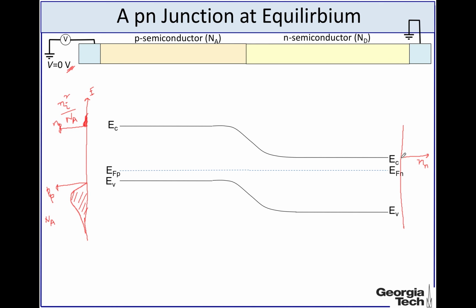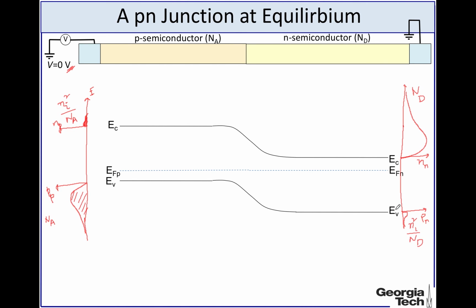Nn, the number of electrons in the N side per unit volume, will look like this, and Pn will look something like this, very small. The area under this curve is Nd, and the area under this curve is Ni squared over Nd.